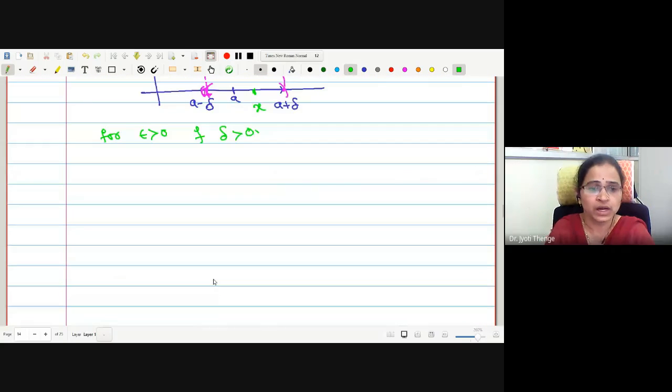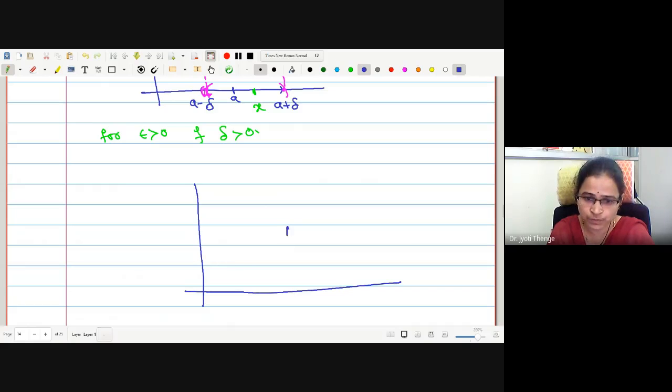Now let us try to understand with one more way. We are checking whether the point is continuous. This is the a value, suppose, and this is the f of a value of the given function, and somewhere maybe the nature of this function curve.